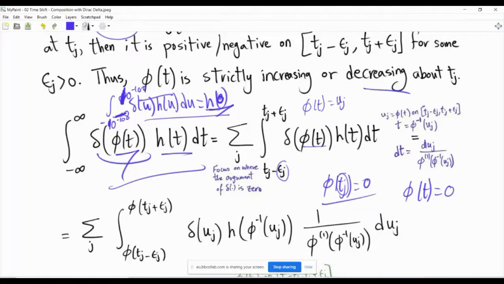In the special case in which phi of t is a linear function, it is equal to 0 at just one value of t, and we don't have a sum, just one integral. But we will make this general and say that if there are multiple values that make phi of t equal to 0, we will simply split our integral into integrals around each one of those values.